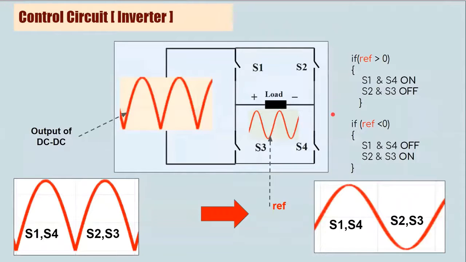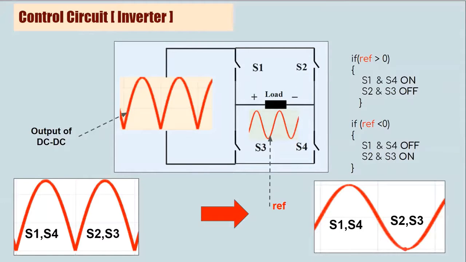So let's move toward the control circuit of the inverter. As I explained before, this will be the output for the DC to DC converter. So what we will do, at first cycle we will turn on S1 and S4. So what will happen, output voltage will be like this. And at next cycle what we will do, we will turn on S2 and S3.